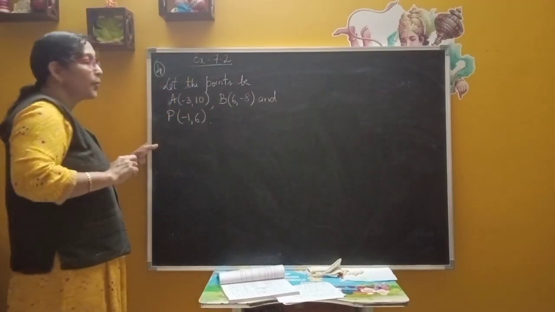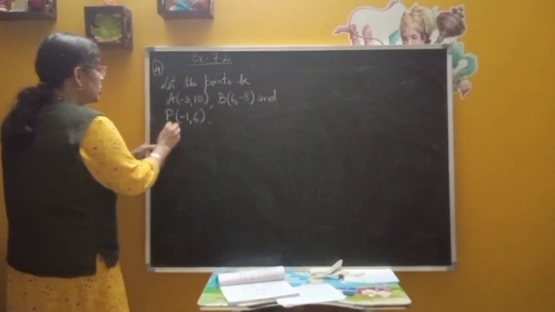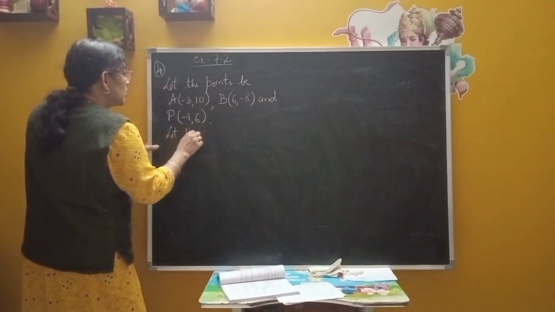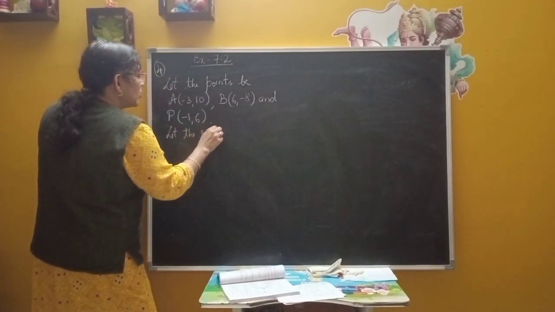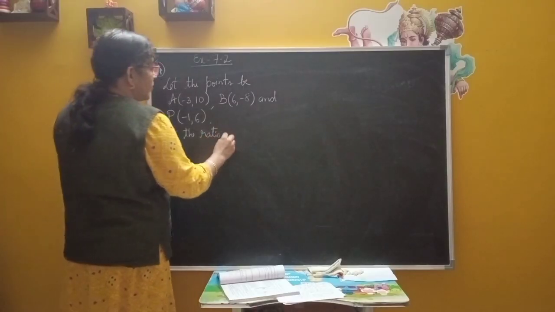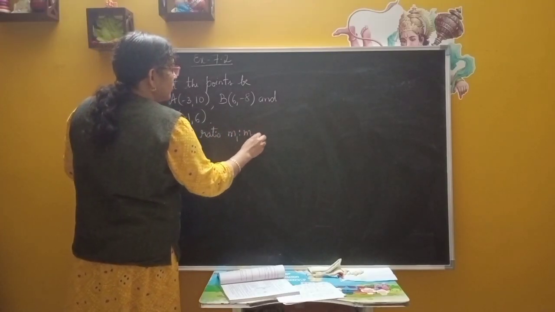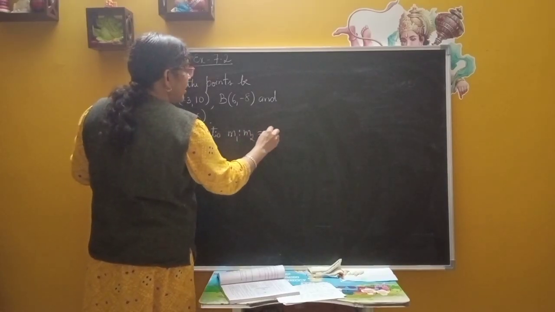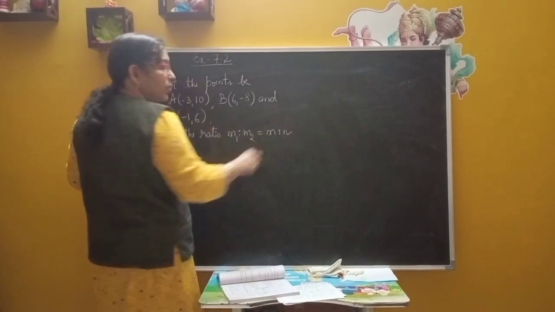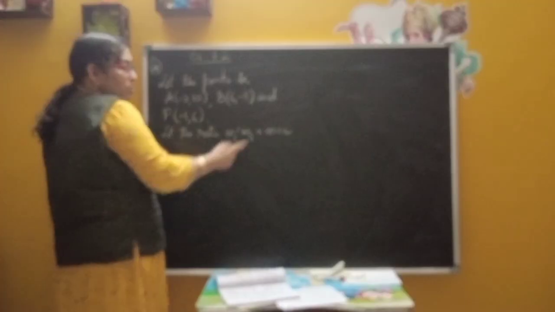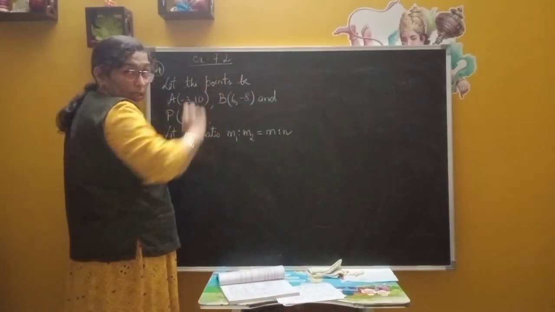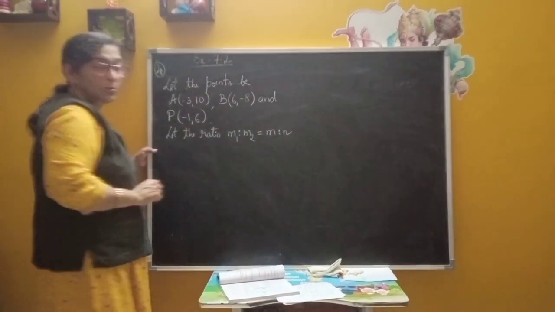Okay, these are the points. Let the ratio m1 is to m2 be equal to, let us take m is to n. So m1 is equal to m and m2 is equal to n. Now let us substitute in the formula.